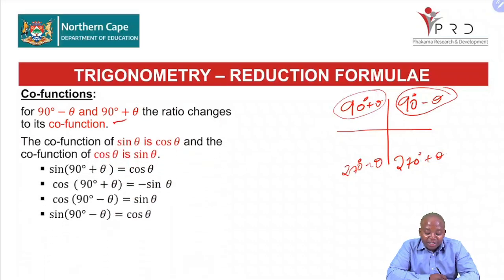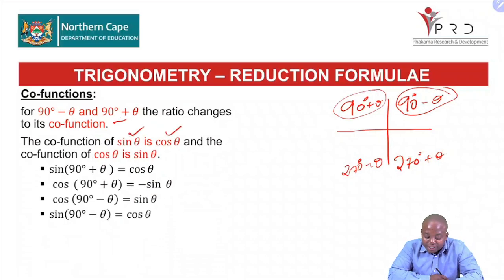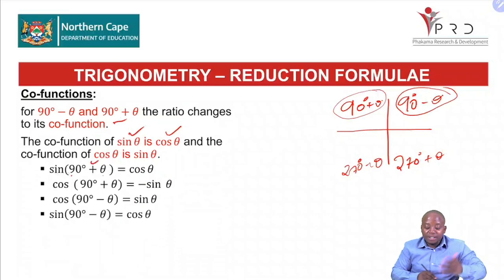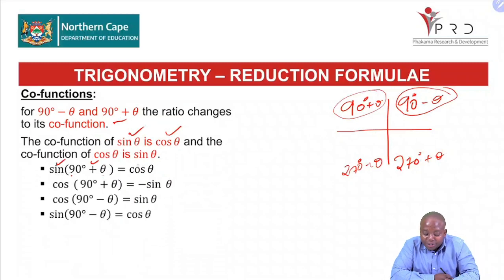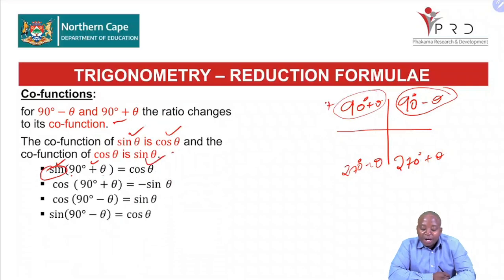Then what are the co-functions? The co-function of sine is cos, and the co-function of cos is sine. So if I have sine of 90 plus theta, this is a co-function, so the sine must change into a cos. 90 plus theta is on the second quadrant, where sine is positive, so the cos will also be positive.